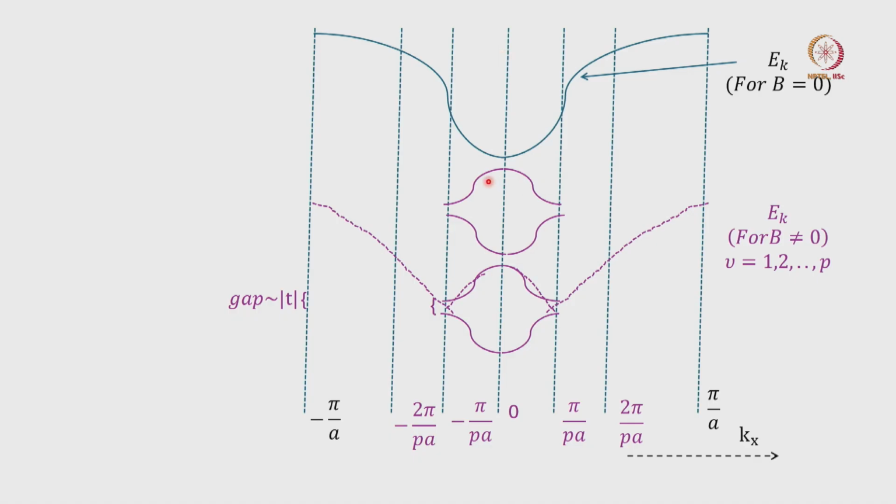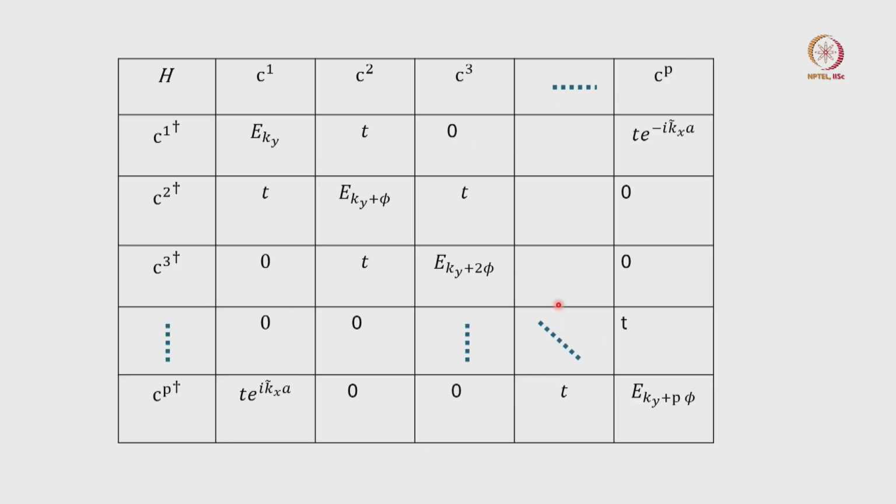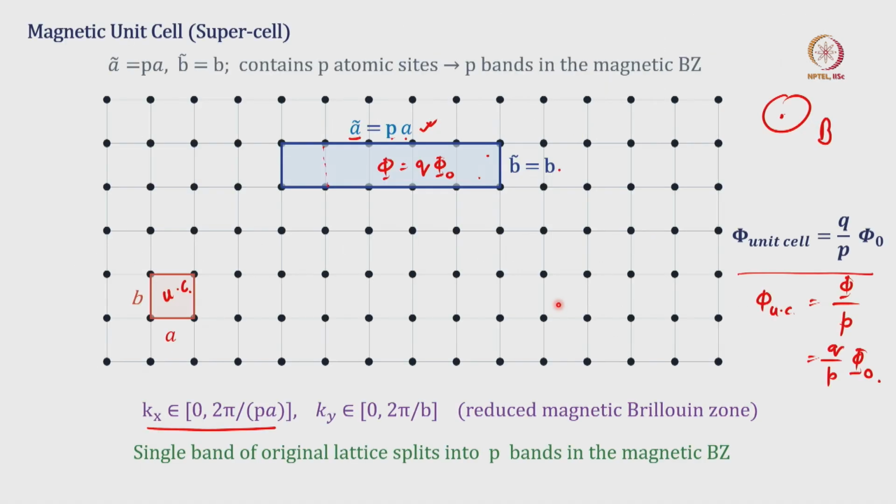How many times? p times, because this is reduced by p. And every time, at this point, which is now my new Brillouin zone boundary, there will be a gap opened. That gap will open by the hybridizations along the x direction. That is what we want to establish.